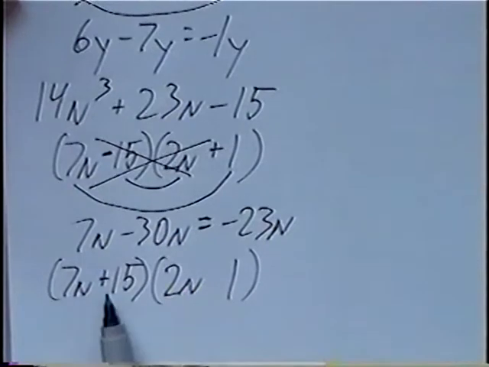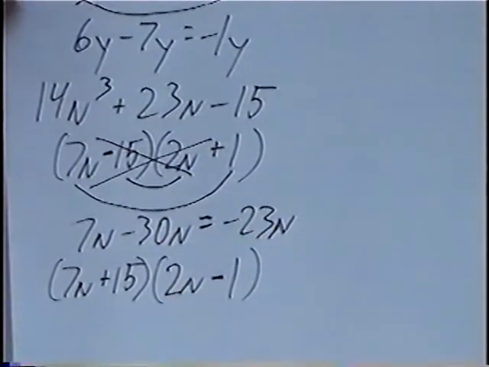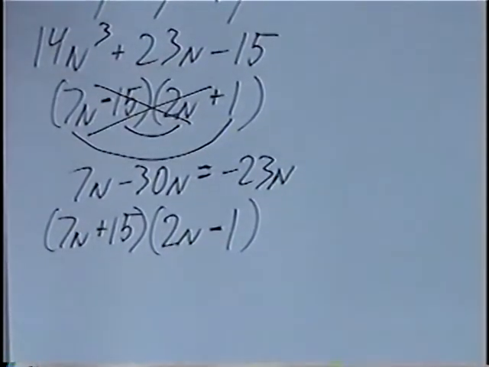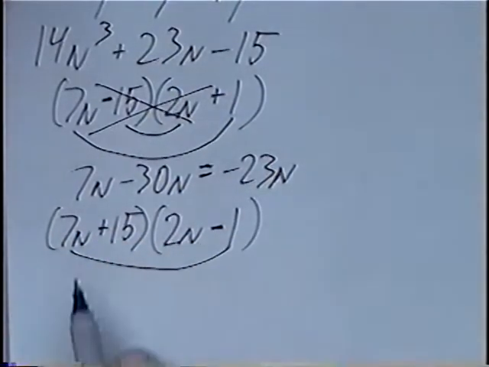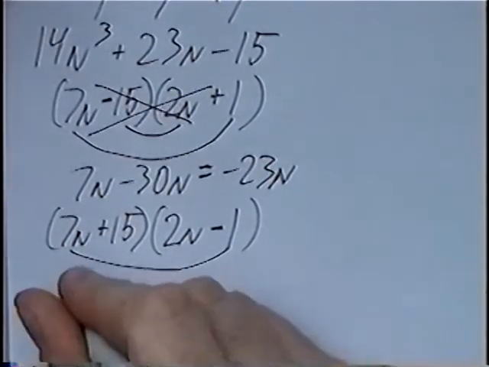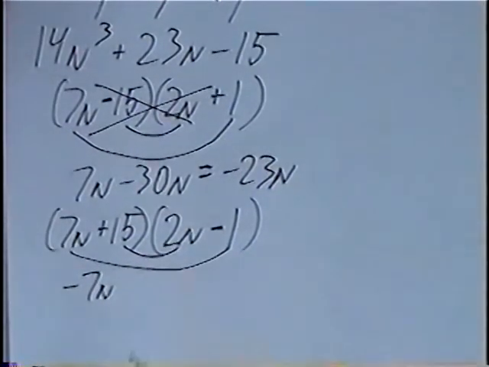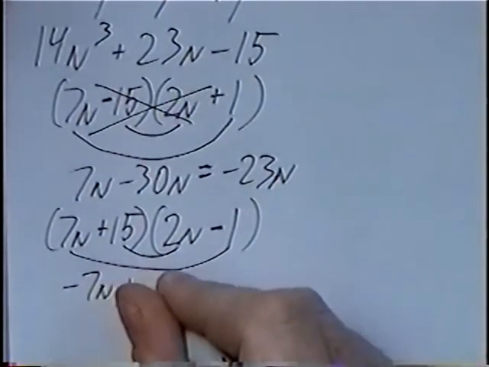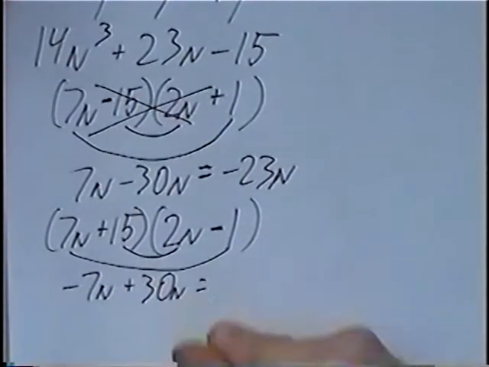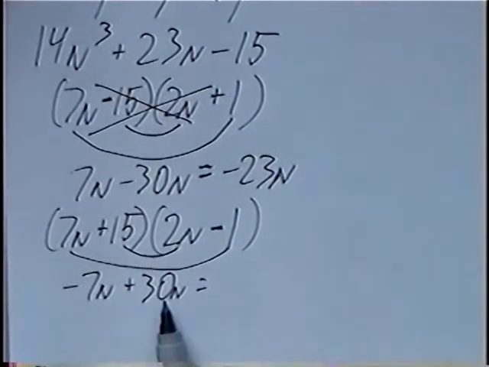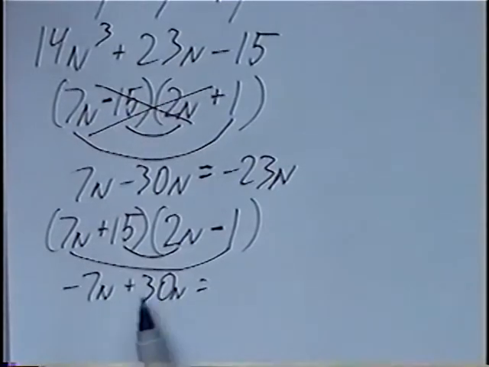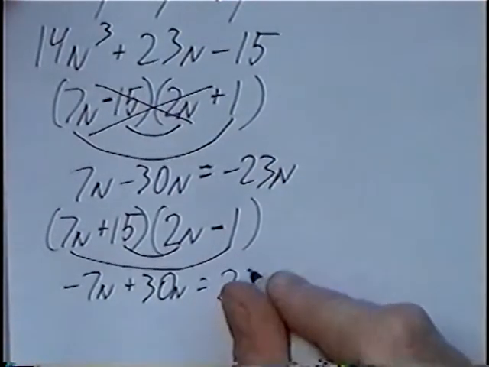So this time we'll make it a positive 15 and a negative 1. Multiplying the outside terms, 7n times a negative 1 would be negative 7n, and 15 times a positive 2n would be 30n. And combining negative 7n plus 30n, it's the same as 30 minus 7, would be 23n.